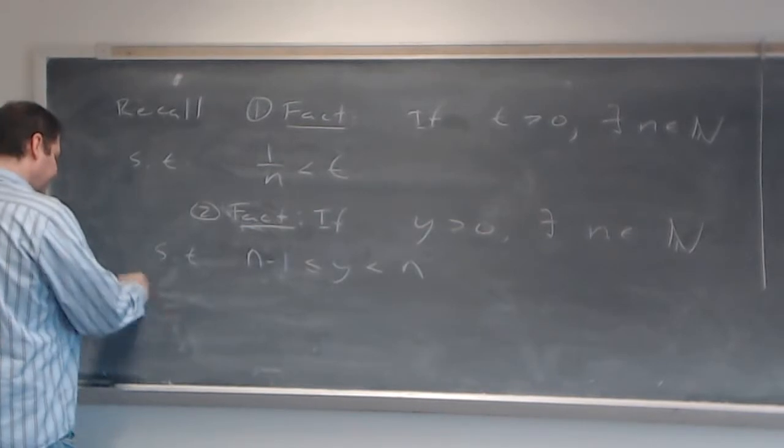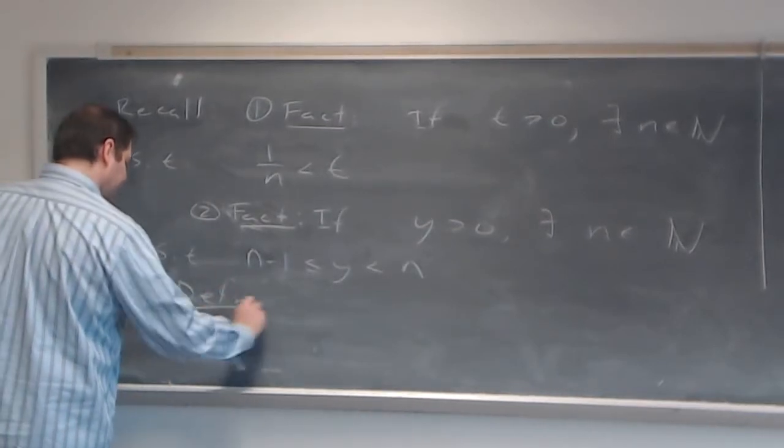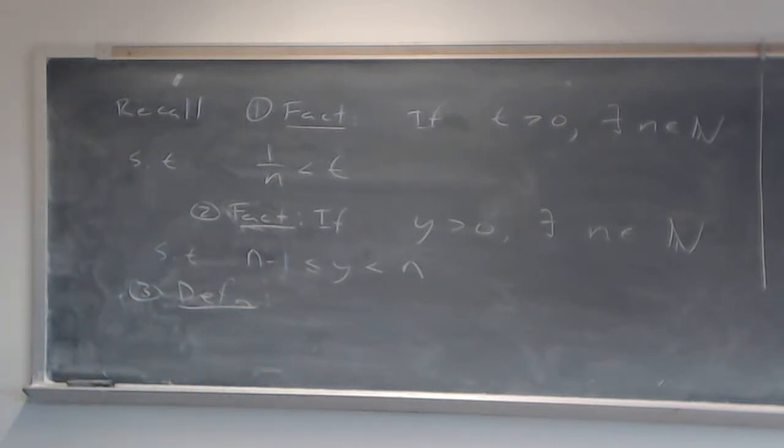The third one was a definition we ended class with, and it had to do with what it meant for a set to be dense. Megan was talking to me about that before class.